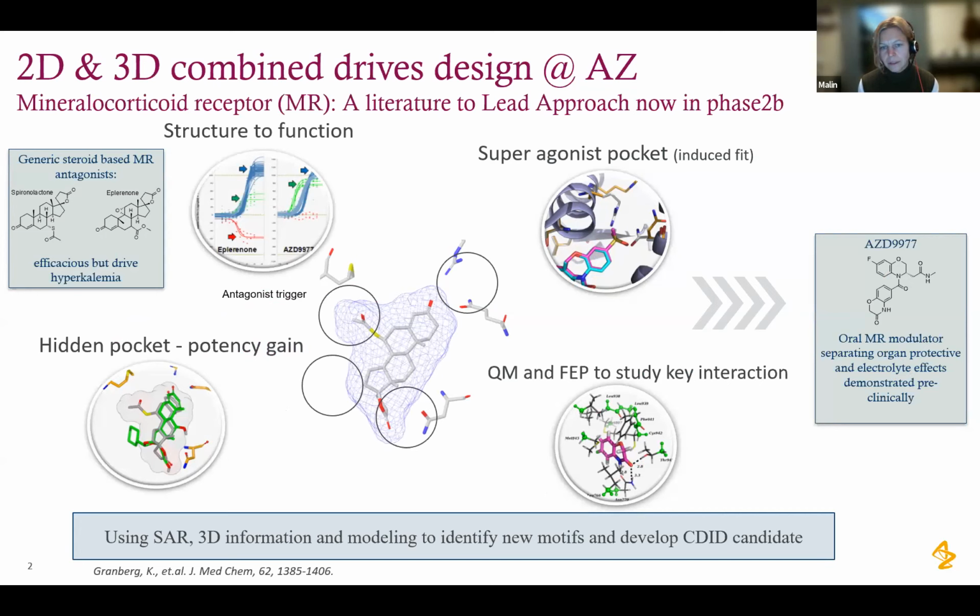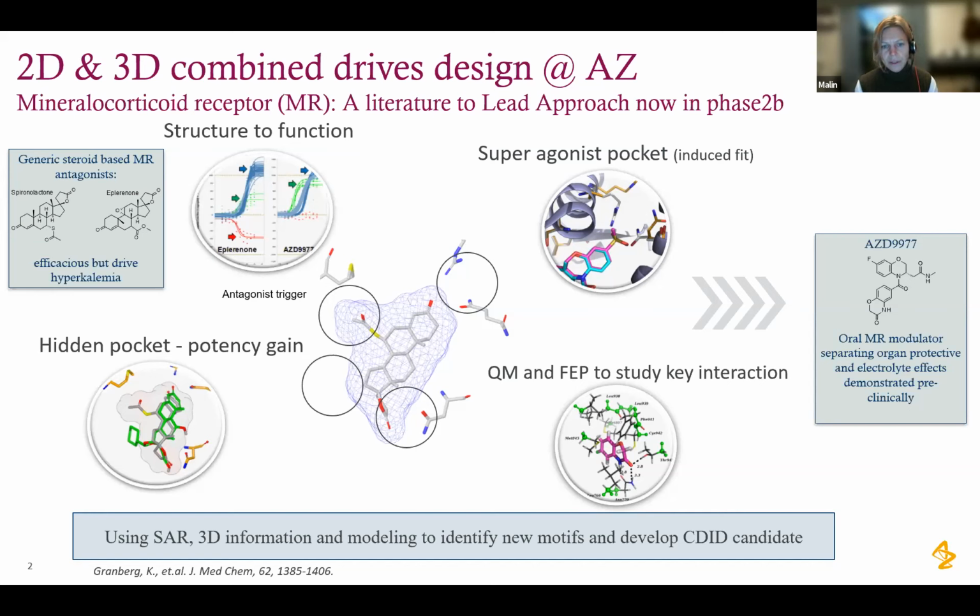This is an example from one of our projects on MR modulators, which we started out as following up on MR antagonists that were already marketed when we started, based on the steroid scaffolds. We knew they had some very beneficial effects, but they were not possible to position into the cardiorenal patients due to the side effects of electrolyte handling and the risk of hyperkalemia.